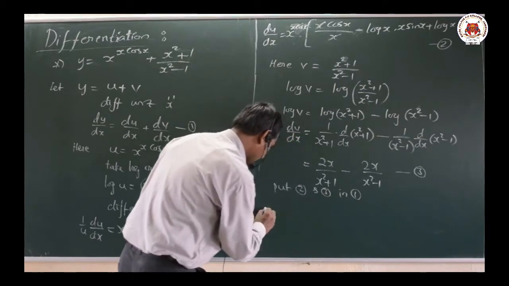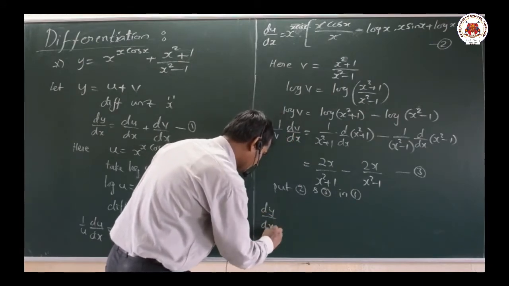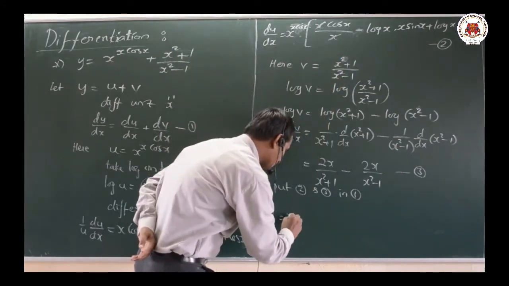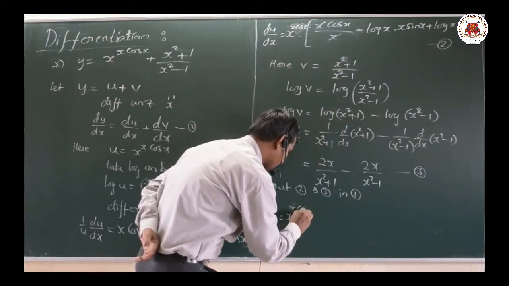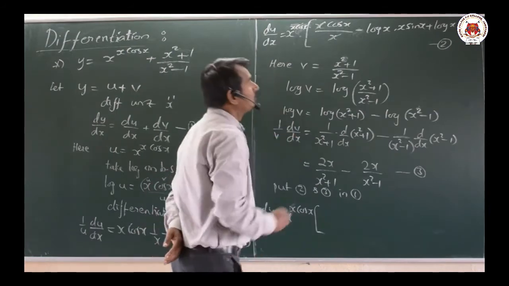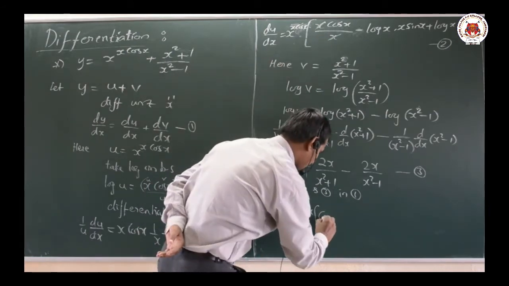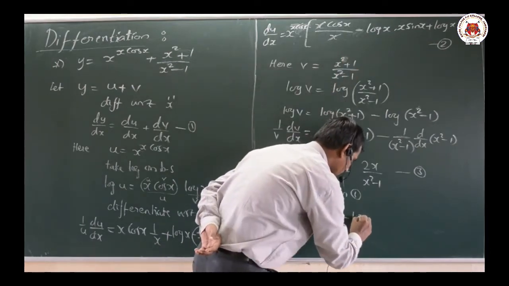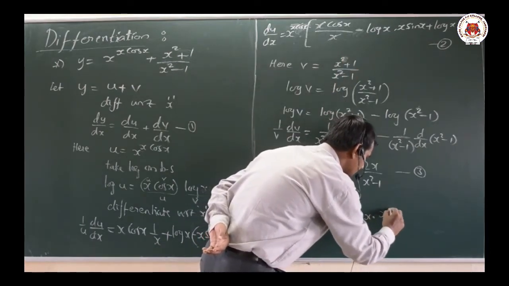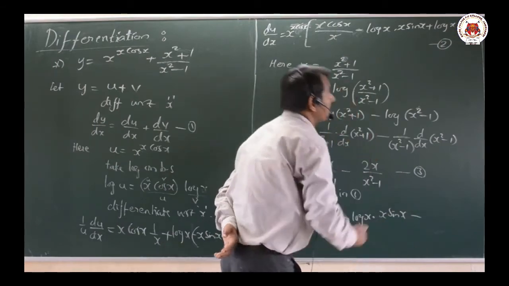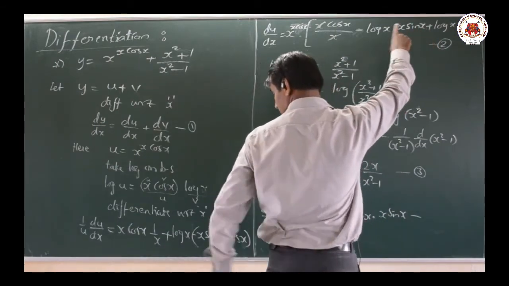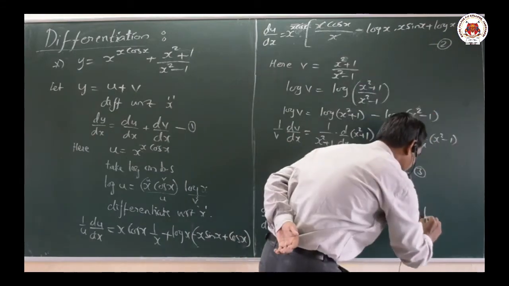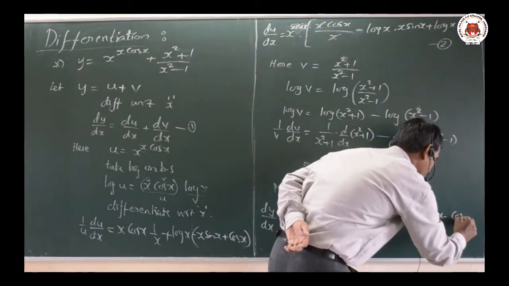So what we get here, that is dy by dx equal to, second equation is the whole thing, x to the power of x cos x into cos x minus log x into x sin x, plus, here we can observe, log x into cos x.